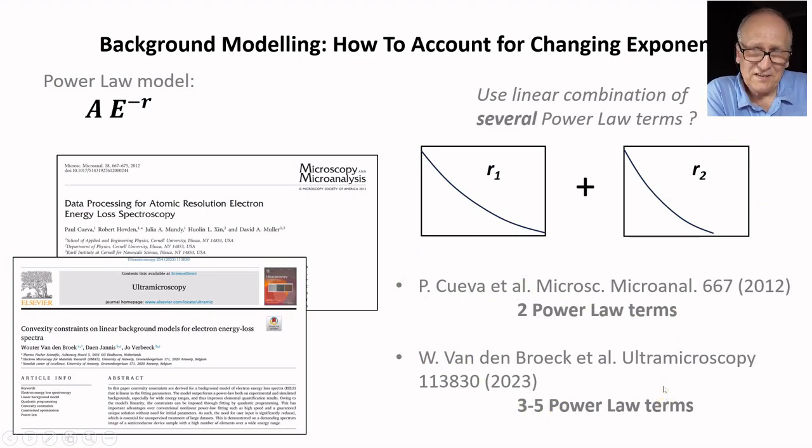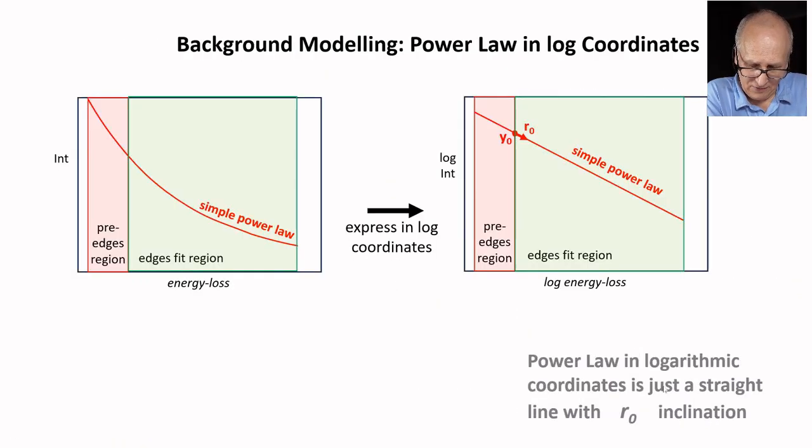Well, we decided to go a completely different way. To explain, I will first mention that the power law dependence, if we cast it in logarithmic coordinates, both in x and y, is just a straight line.